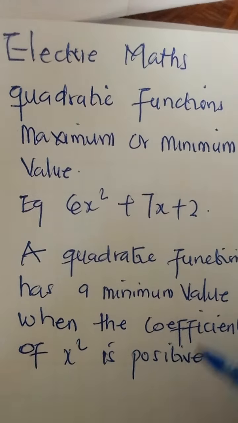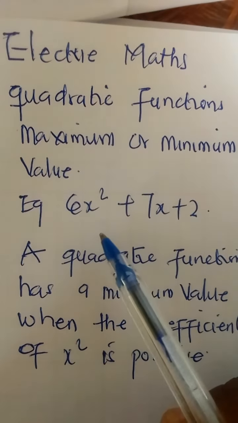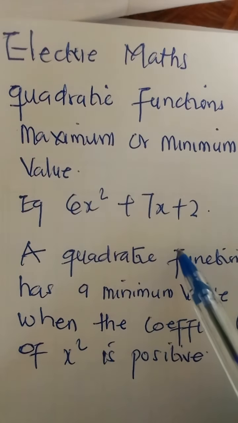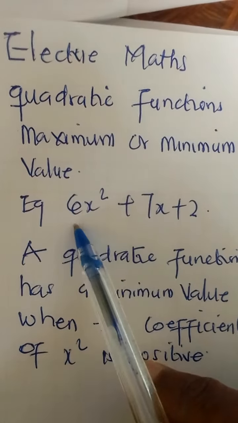Therefore, our example for quadratic function 6x squared plus 7x plus 2 has a minimum value because the coefficient of the x squared is what? Positive.